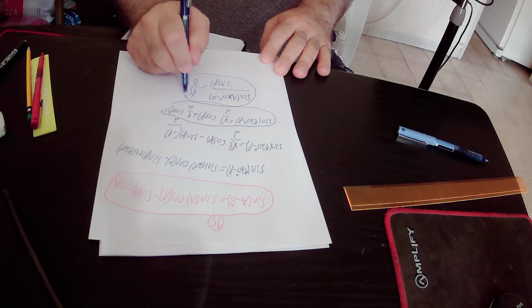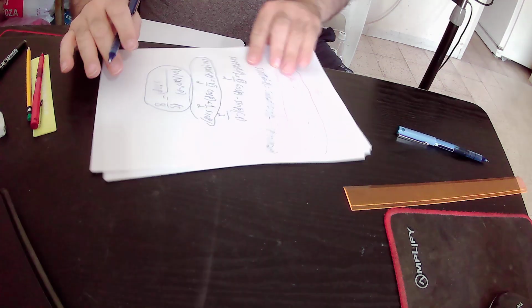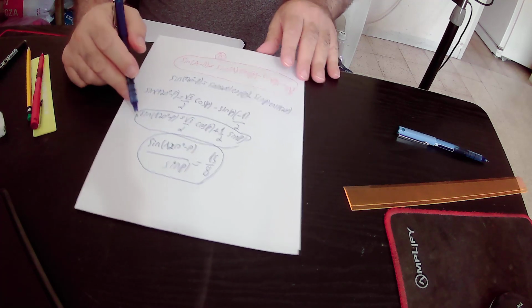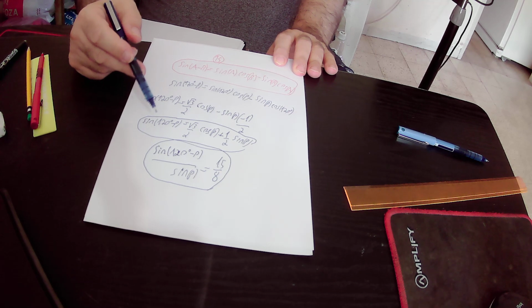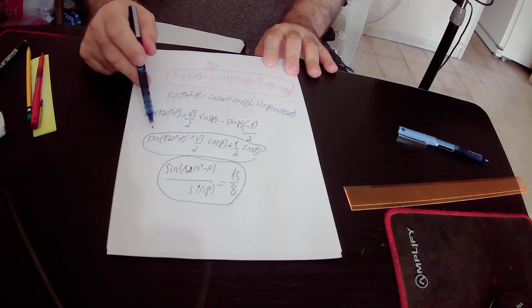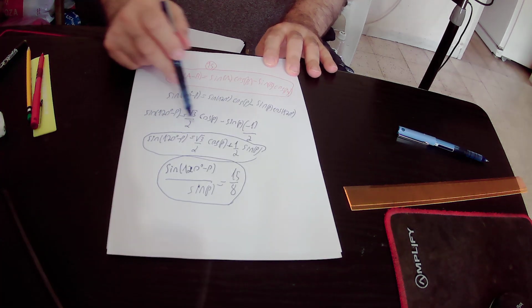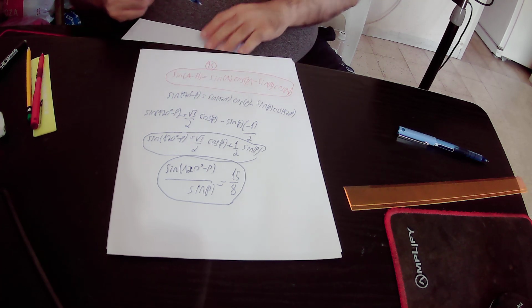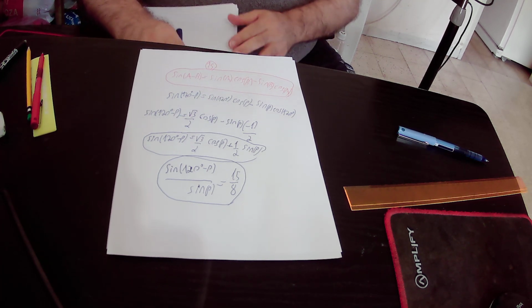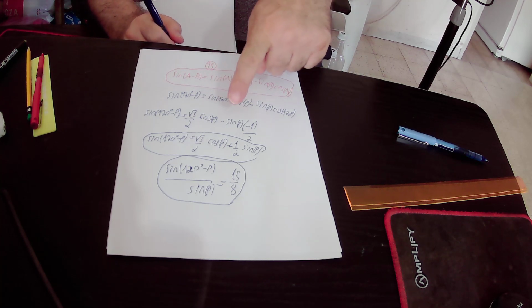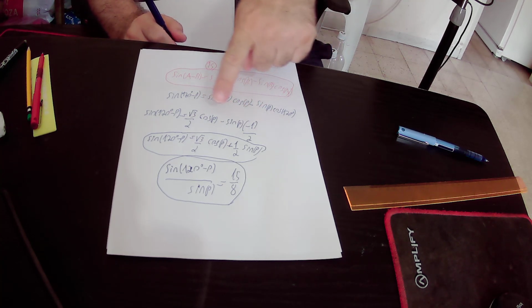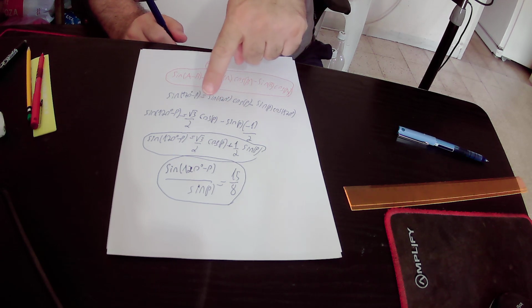Okay, so actually we will substitute sine 120 degrees minus P in this equality by the value that we found here. Okay, so we'll get that. So instead of sine 120 degrees minus P, we will write down this expression that equals sine 120 degrees minus P.